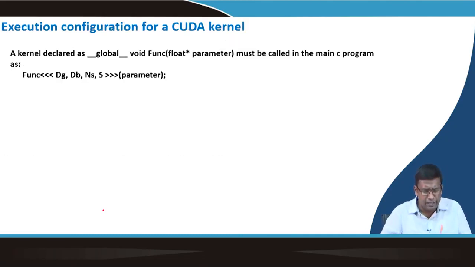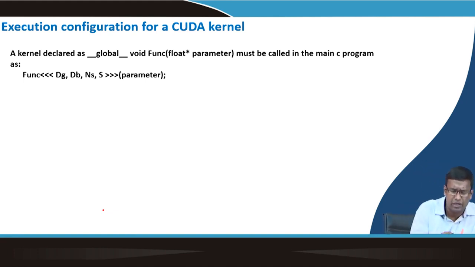Well, the next part is the execution configuration. If we see the kernel function, when the function is called, we have seen that it is called with a special syntax within brackets. When a kernel function is called, the kernel function means the function which is declared as global.